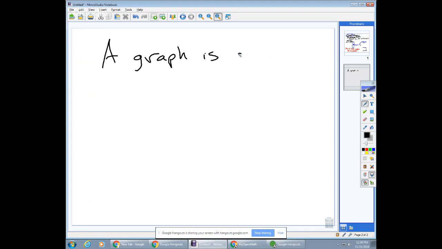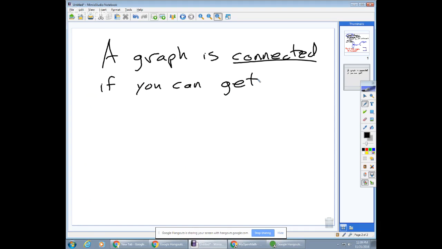So the graph is connected. You can get from one vertex to any other vertex.